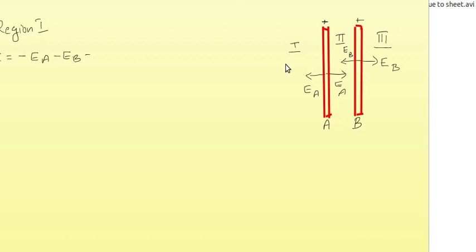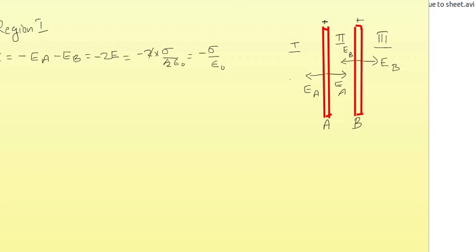That means EB is left, EA is left, therefore minus EA minus EB, that is equal to minus 2E, and again it is minus 2 into sigma by 2 epsilon 0, that is minus sigma by epsilon 0. That means in region 1, the total field is minus sigma by epsilon 0.